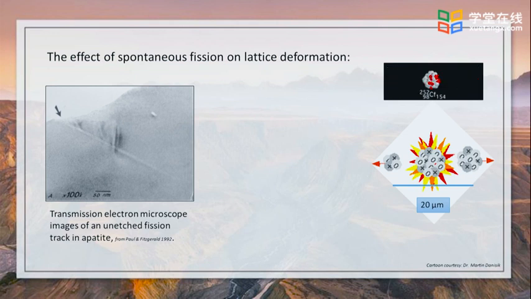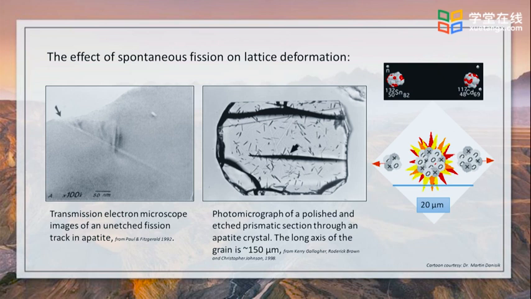This property is critically important as it provides the possibility of distinguishing latent tracks from the host mineral using chemical etching. Each fossil fission track represents a single uranium-238 nucleus that has undergone a spontaneous fission.